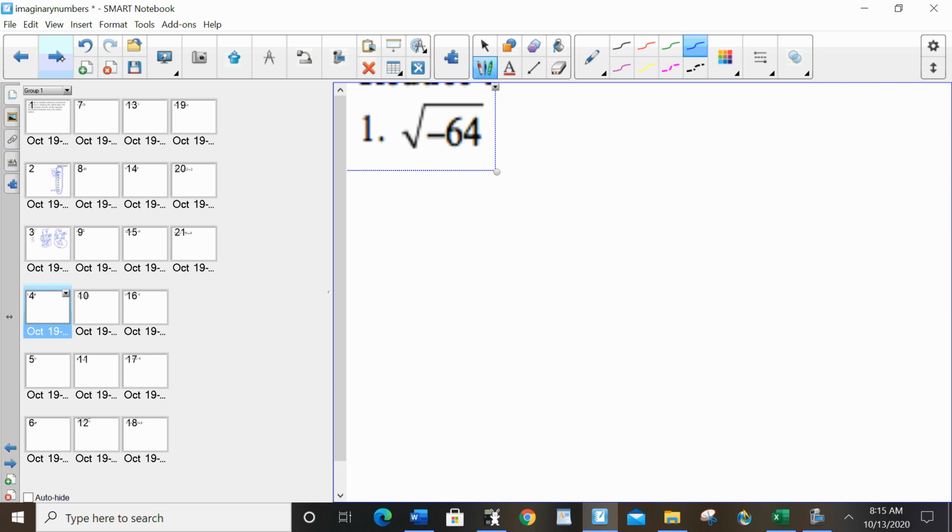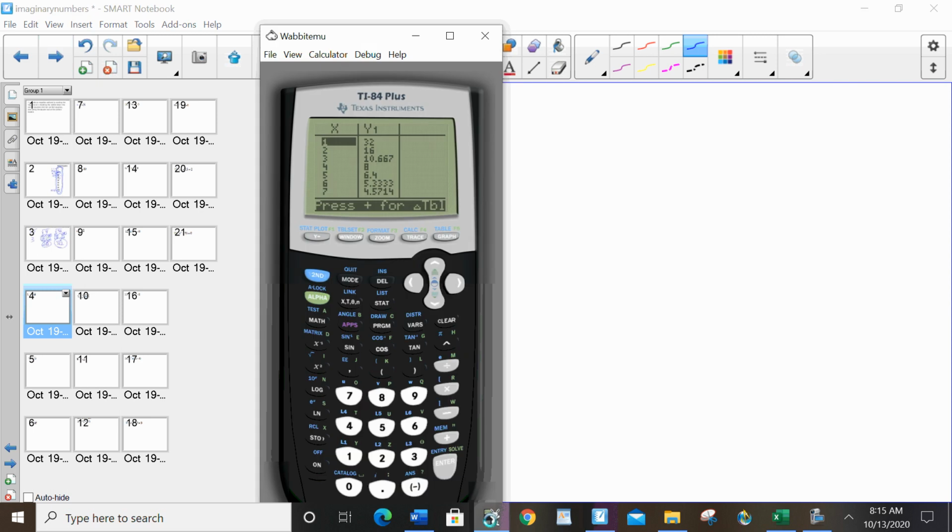So, in the real number system, there is no answer to this. If you go to your calculator and you type in radical negative 64, you're going to get an error because there's no number that multiplies by itself to give you a negative number.